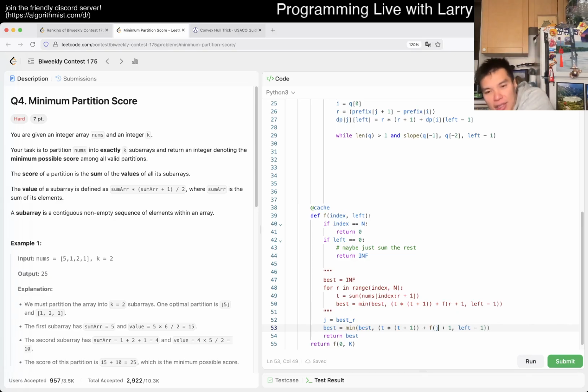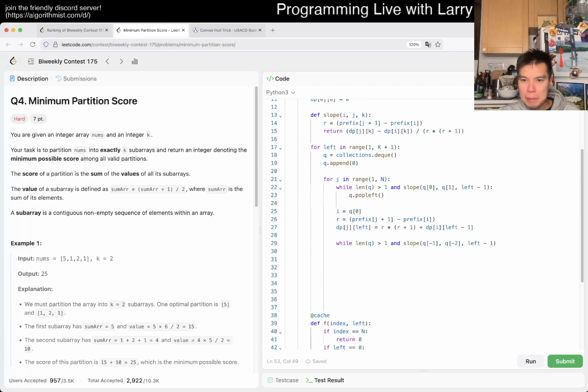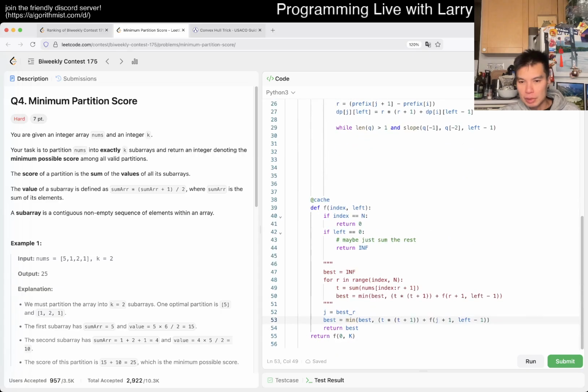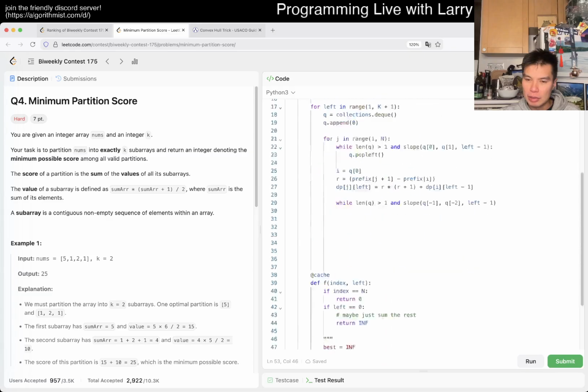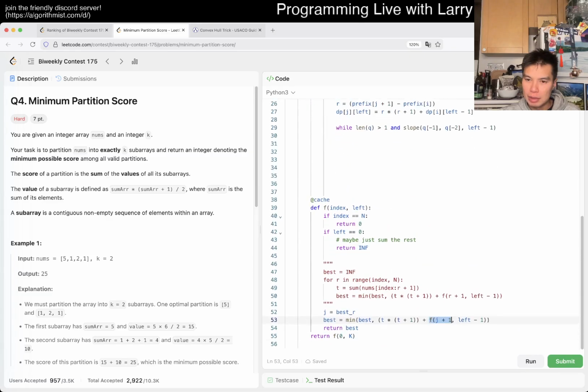Oh man, I'm so tired. Then what's the slope? This function, every delta is going to be the delta on the dp of this. Is that the slope though?